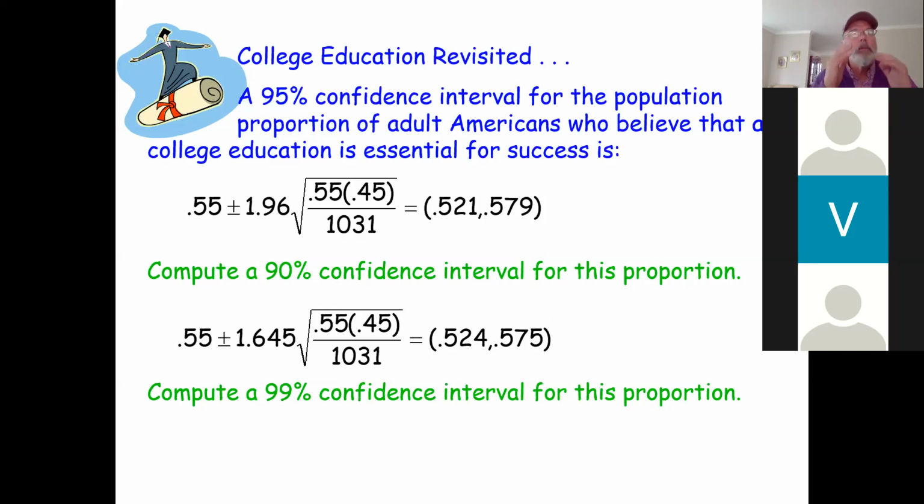Now, let's start to think about this a little bit more. If we're looking for an unknown parameter, an unknown proportion, do we have a better chance of capturing that population proportion with a 99% confidence or with a 90% confidence?